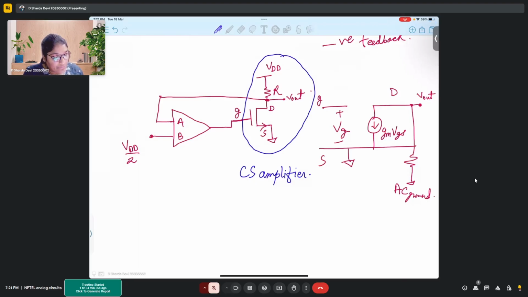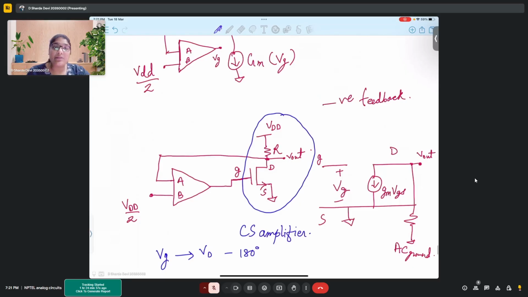Shall I ask one question, madam? Yes, wait. It is a CS amplifier, and for an amplifier we have to provide only AC signals, right, madam? If it is an amplifier designed with BJT or FET, they are capable of amplifying only AC signals. Yes. Then how can we say this is an amplifier, madam?